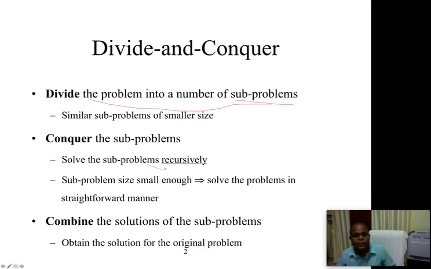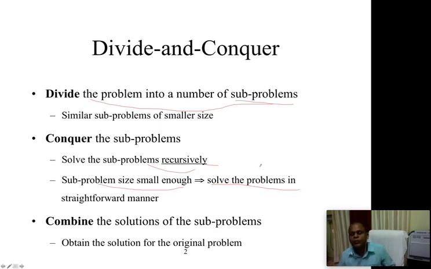Recursively means, what is happening here? The sub problem is again solved by using the same method. That means it is again divided into smaller sub problems, and once the sub problem reaches a small size, small enough that it can be easily solved, we solve it. The sub problem will go on dividing, and at a certain point it cannot be divided further, or the sub problem becomes easy to solve.